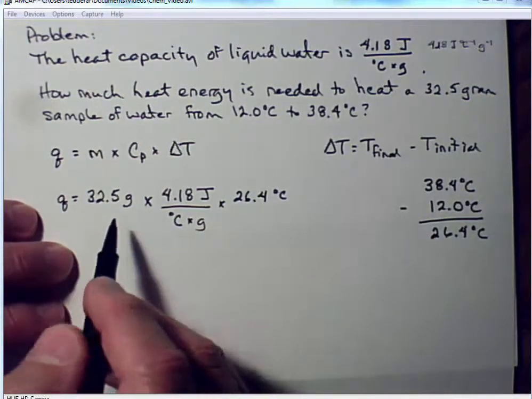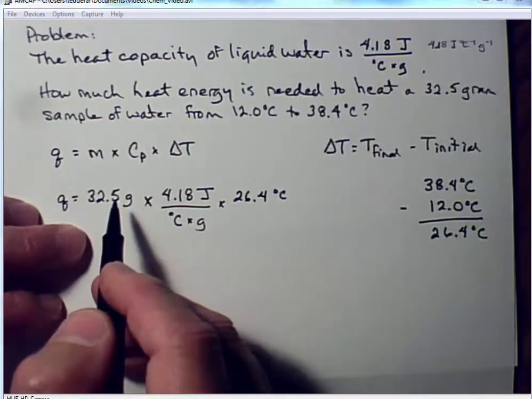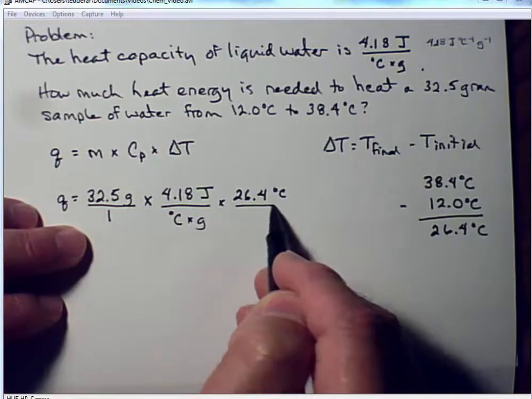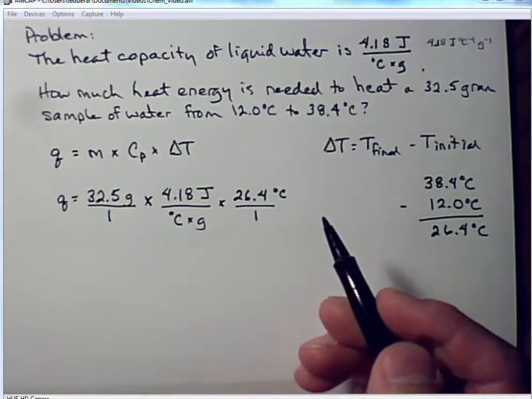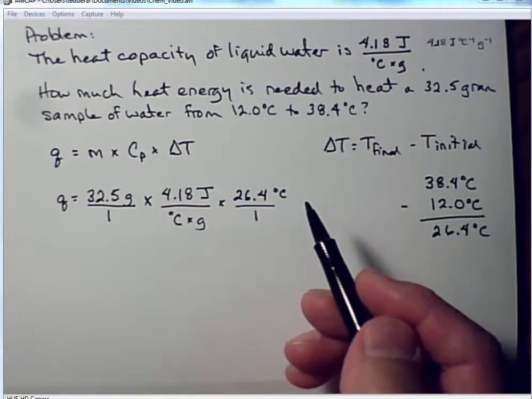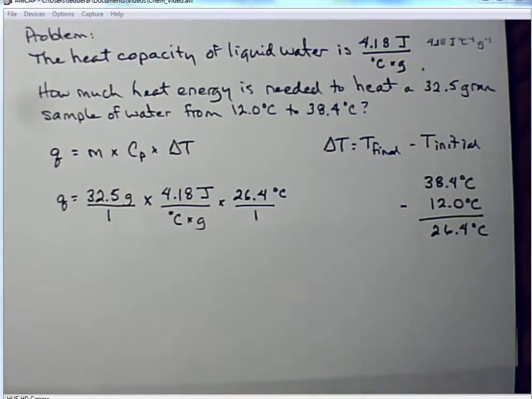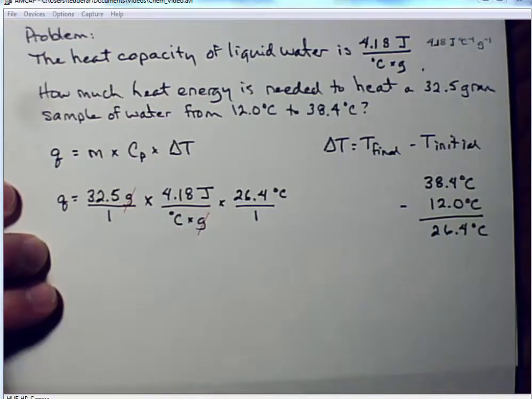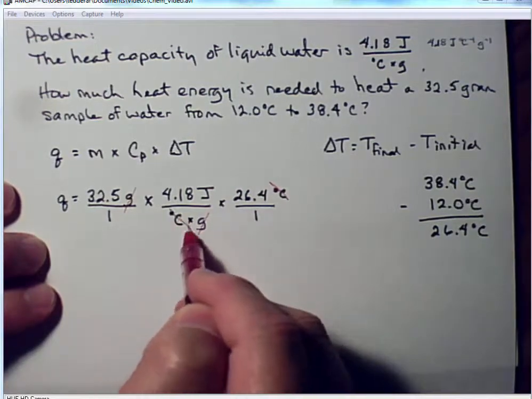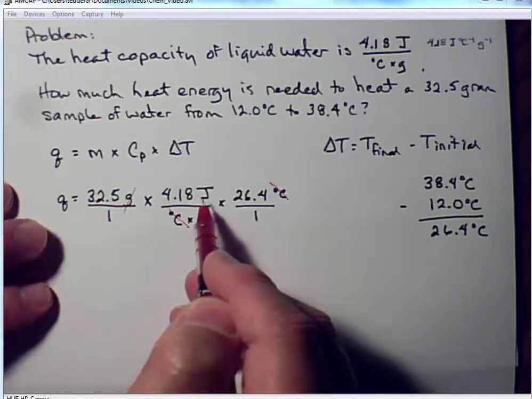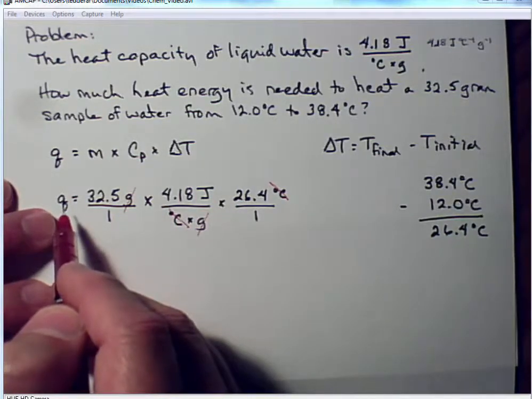In order to do the dimensional analysis, it's a good idea to put these numbers over 1, this one and this one. Now you can see where to cancel. The grams are going to cancel. The degrees Celsius is going to cancel, leaving us with joules, and joules measures heat.